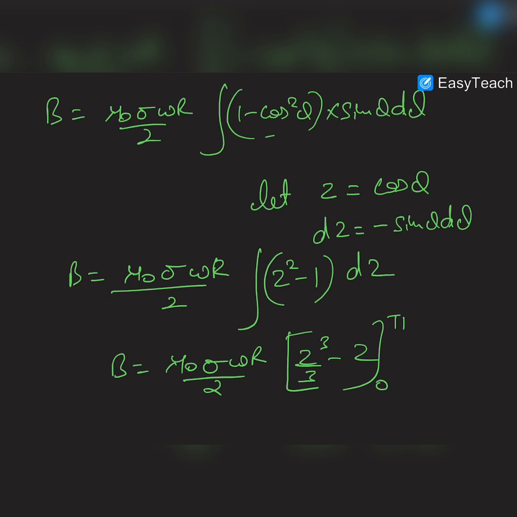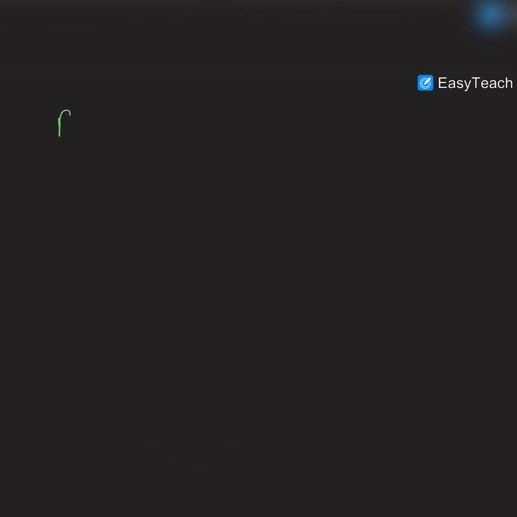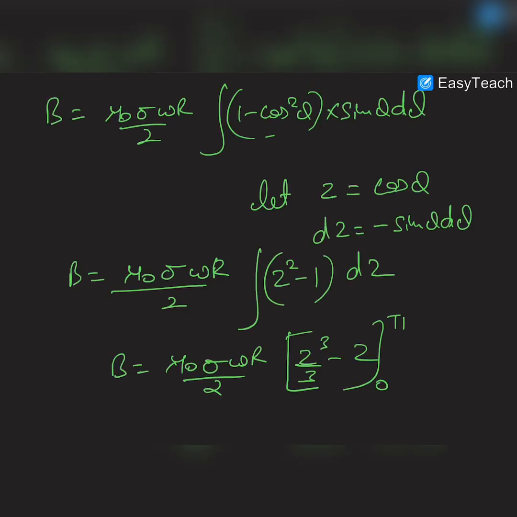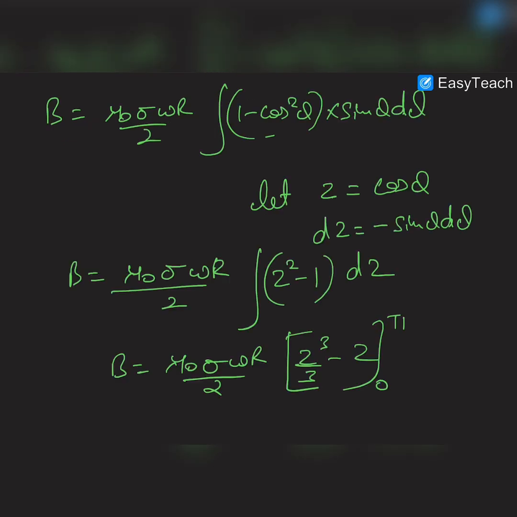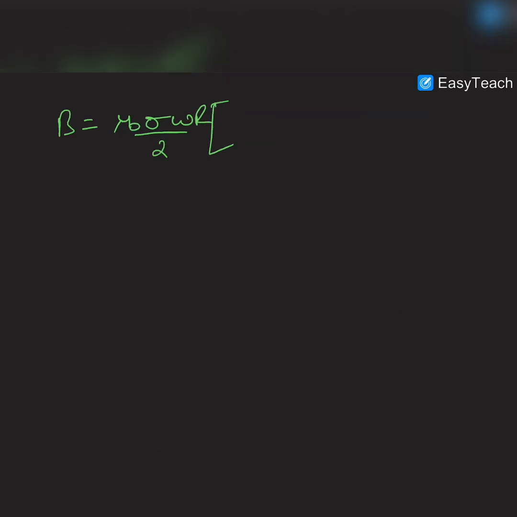So let us use another page. So B will be equal to mu naught sigma omega R by 2, and if we substitute back the value of z, then it would be cos cube theta by 3 minus cos theta, and the limit will be from 0 to pi.